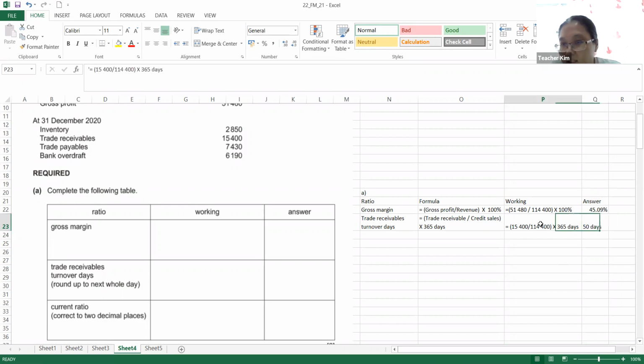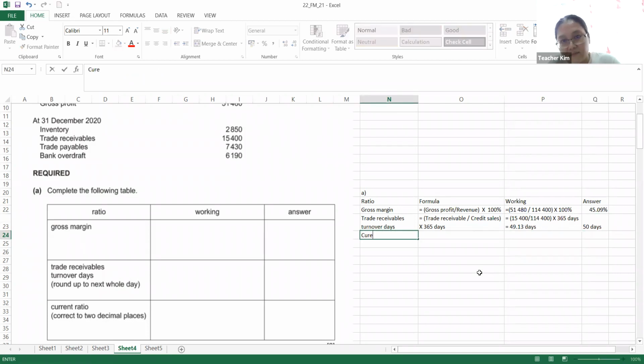Show your working. Let me use the calculator: 15400 divided by 114,400 times 365. 49.13 days. So they say round to the whole, okay? That means you must round up, not round down, even though this 0.1 is less than 5. So be slightly careful.